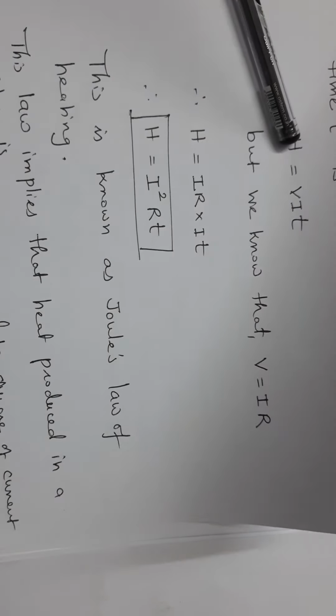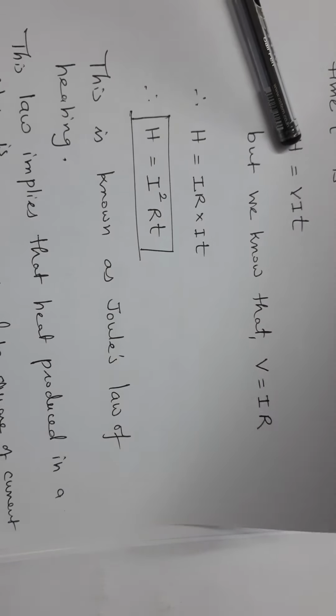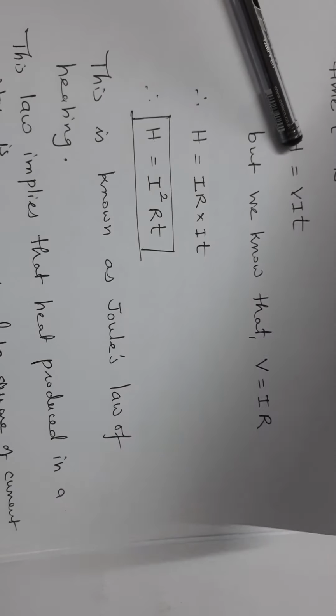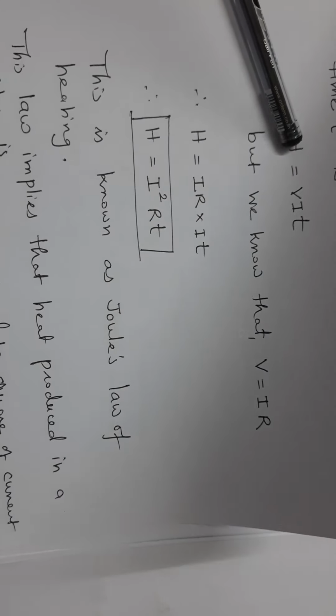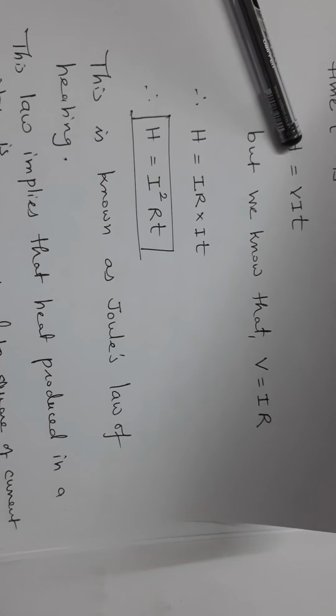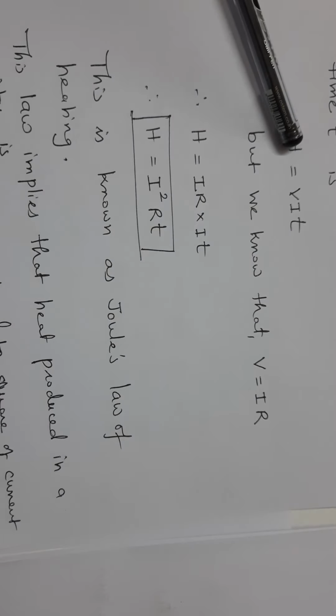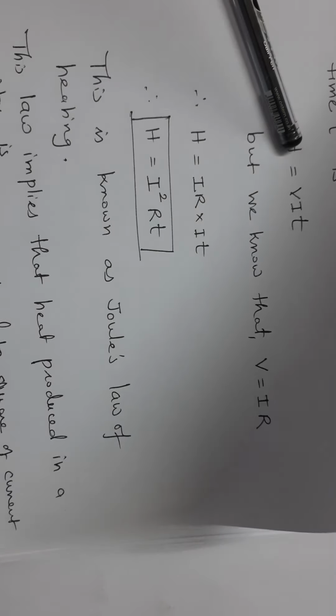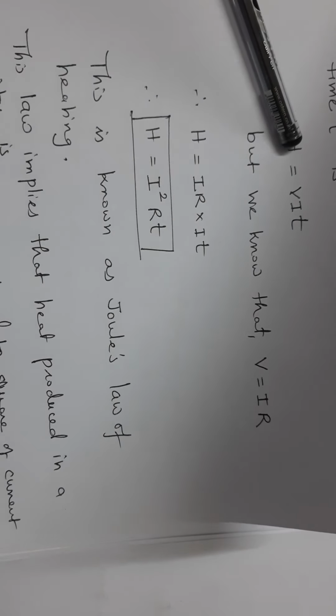So do remember, this law implies that heat produced in the resistor is directly proportional to the square of the current for the given resistance, that is I square. It is directly proportional to resistance R and is directly proportional to time t for which the current flows.